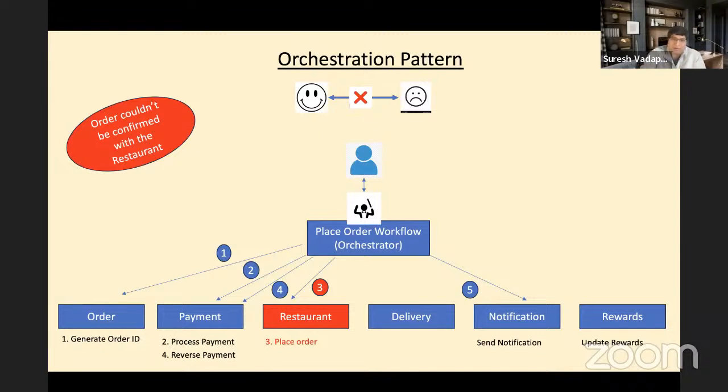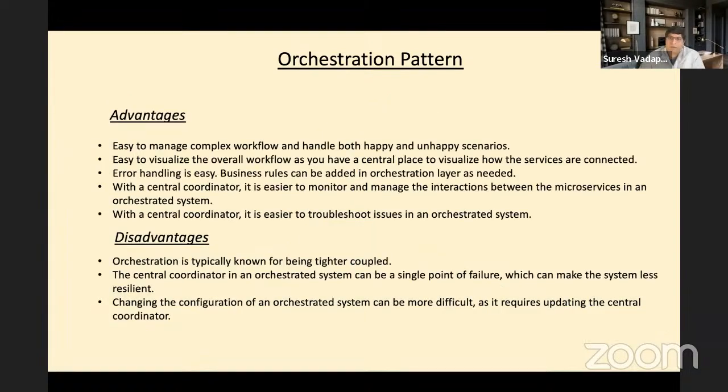But again, this is absolutely fine because your orchestrator knows what to do, and immediately the order ID is rolled back, the payment is refunded and a notification is sent, done. Okay. So now let's see the advantages and disadvantages of the orchestration pattern. But before we talk about advantages and disadvantages, any questions on this implementation, the happy path and unhappy path of the orchestrator?